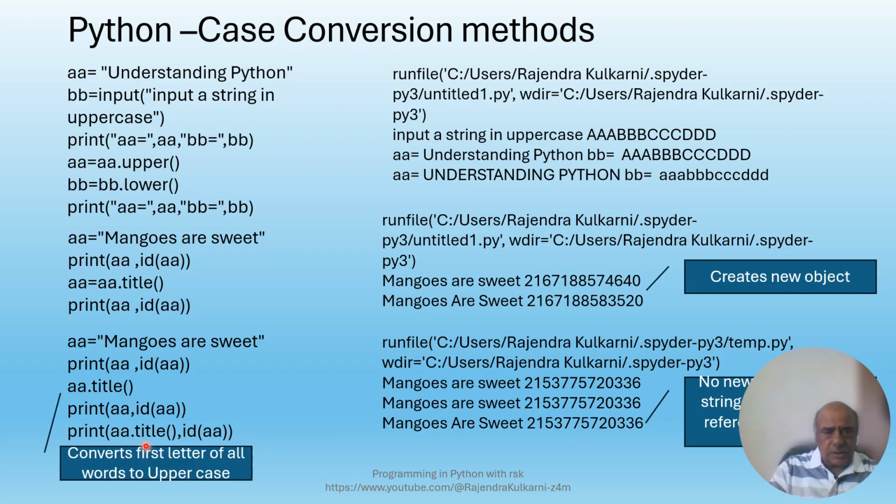So when a method is used and the output of that method is not assigned to any other identifier, Python first creates a temporary object. That temporary object, if it is used in a print type of statement, gets displayed, and then if it is not assigned to any other variable, it qualifies for garbage collection.